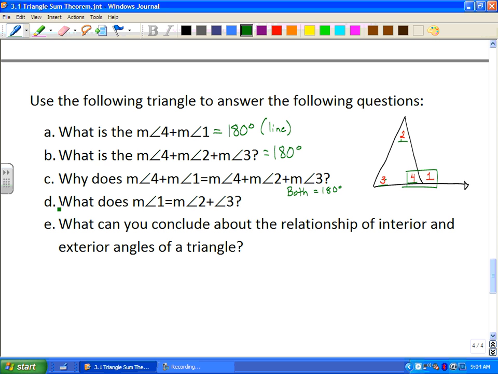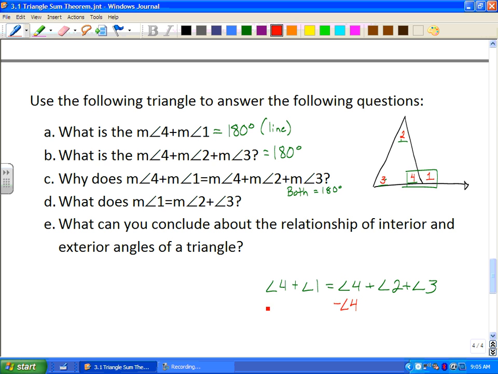Now, the D, I'm going to explain real quick. If I take C, where I say angle 4 plus angle 1 is equal to angle 4 plus angle 2 plus angle 3, what's the same on both sides? Angle 4.